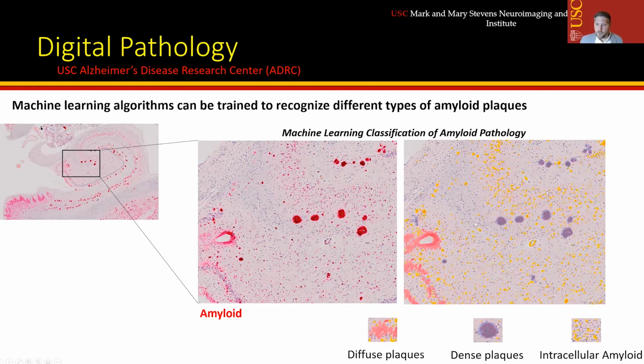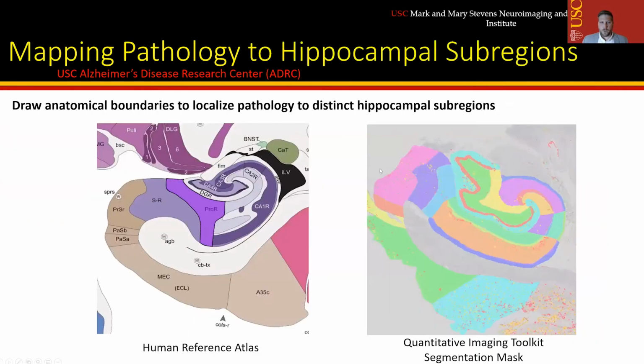In the example on the right, this image now shows that all of the red coloring has been colored yellow, pink, or purple based on the localization of a dense plaque, diffuse plaques, or the upregulation of intracellular amyloid.